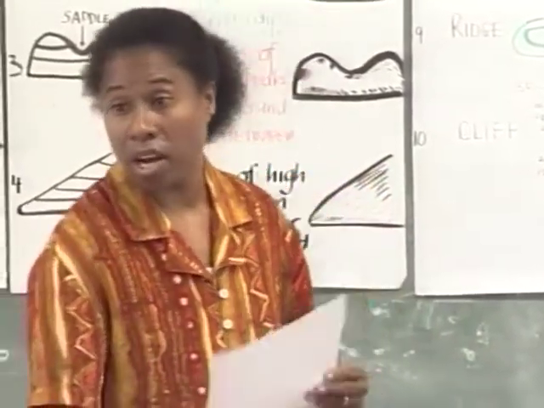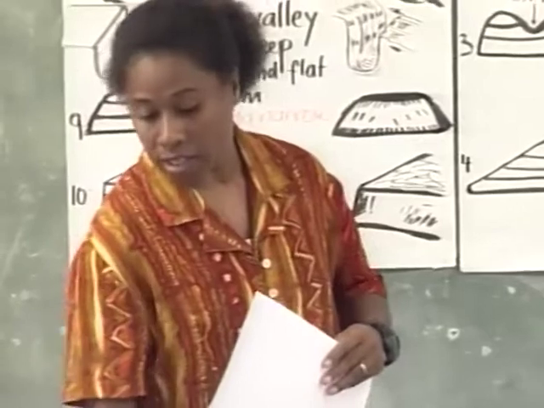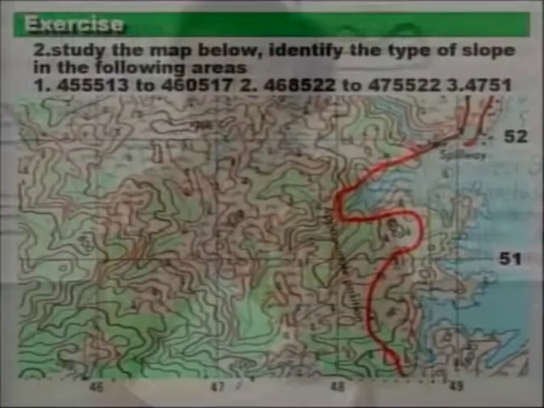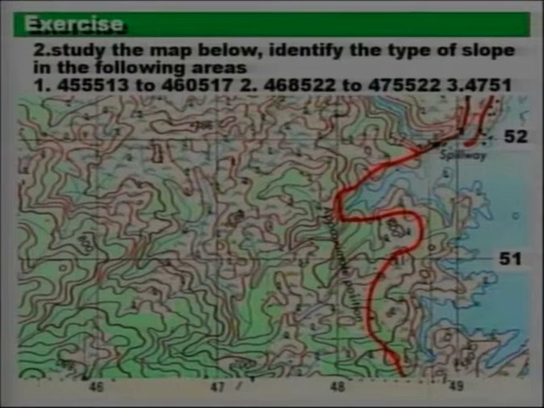Okay, let's check that homework now for correction. Referring to the topographic map of Sogeri, page 8, you first identify the area that you're supposed to describe the slope of, with the grid reference 455513 to 460517.